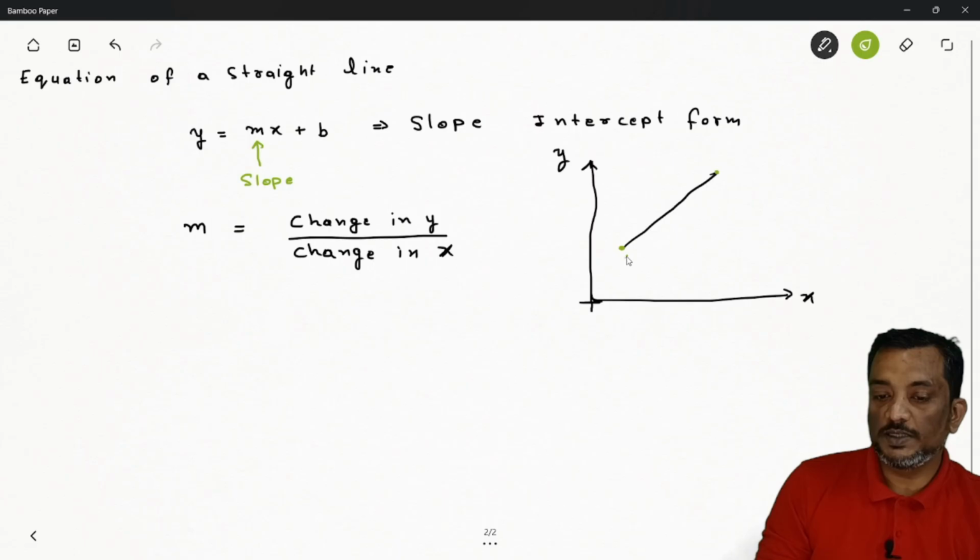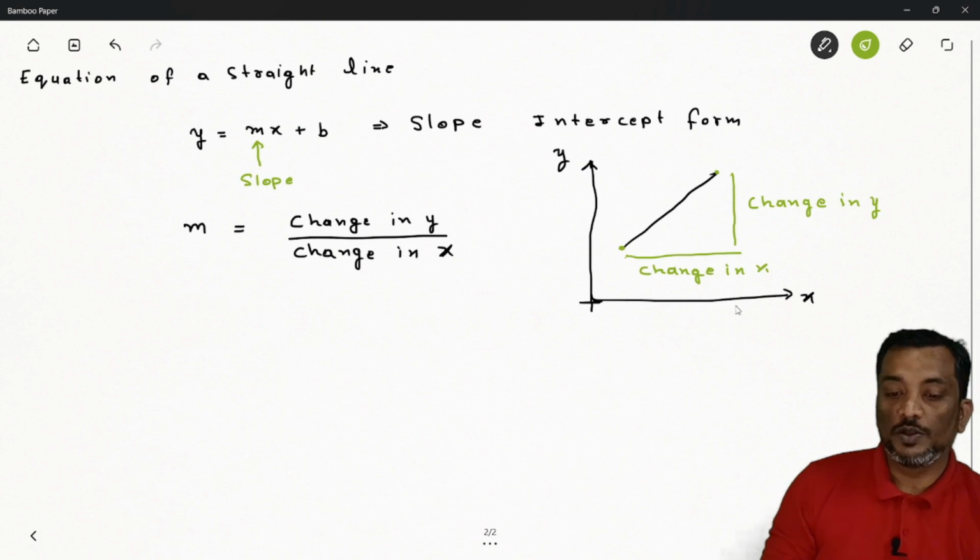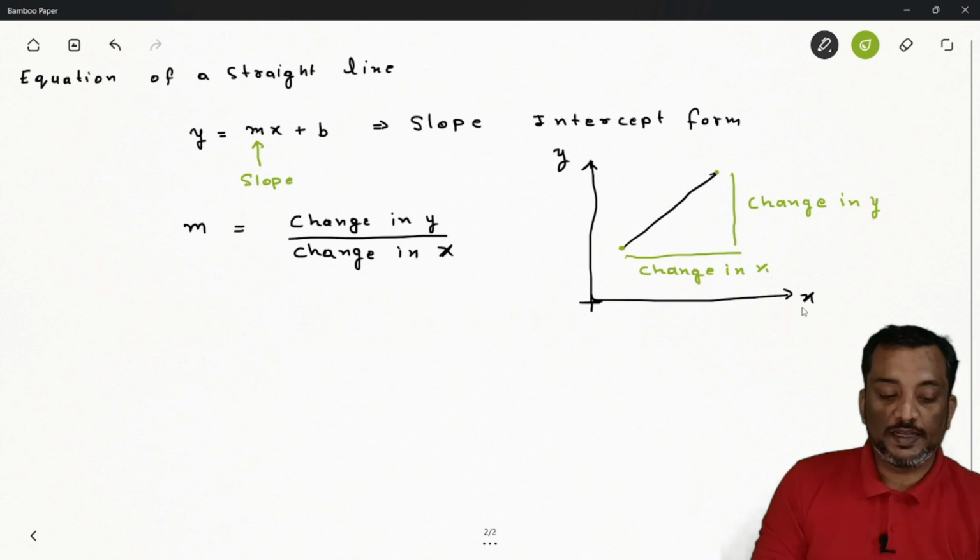So this one is the change in x-axis, and in the same way the vertical one is representing the change in y-axis.